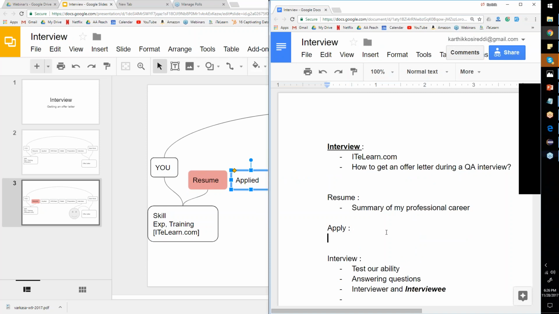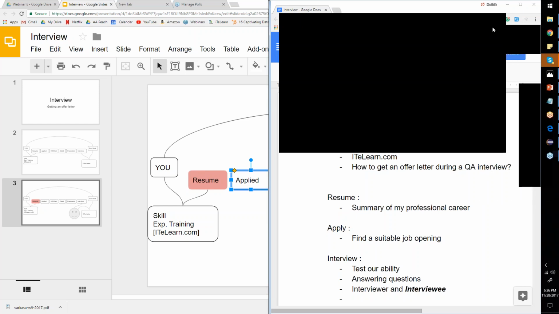Where do we apply? How do we find to apply? Find a suitable job opening. Is that a right way of summarizing the application for a job role, team? Find a suitable job opening.